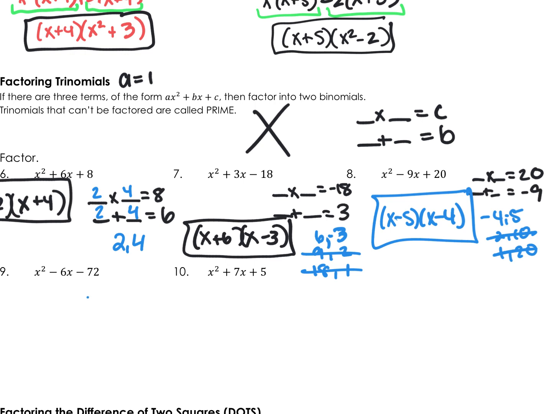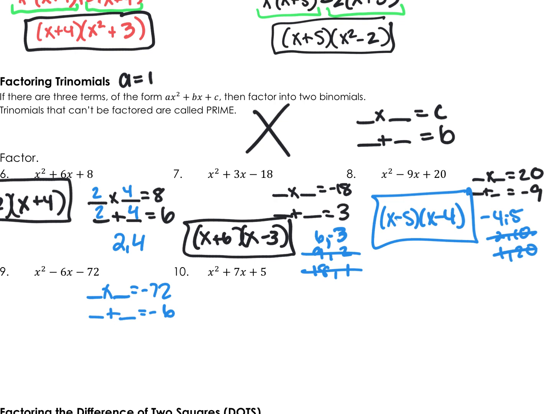For number 9, we're looking for two numbers that multiply together to get -72 and add together to get -6. So when I think of numbers that multiply together to get 72, I think of 9 and 8, or 8 and 7?